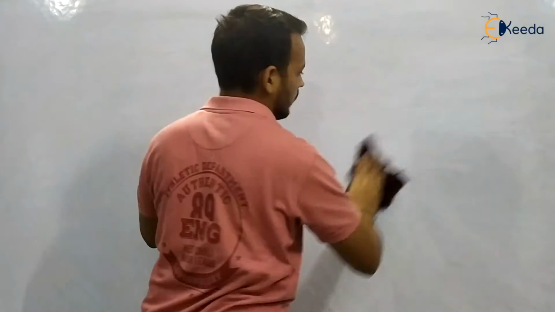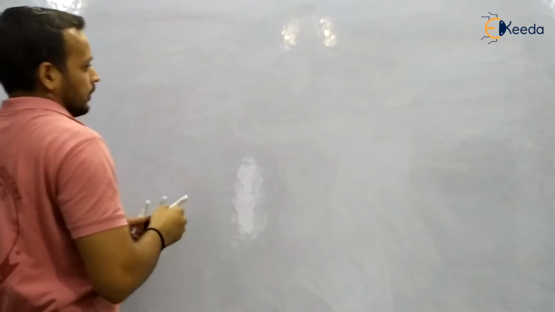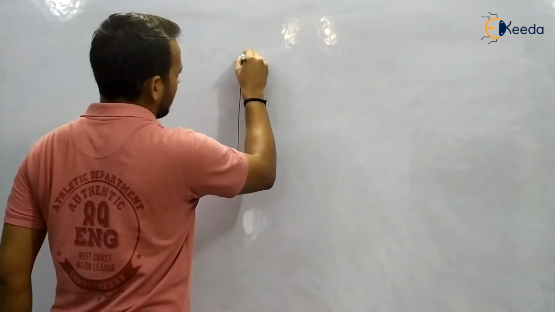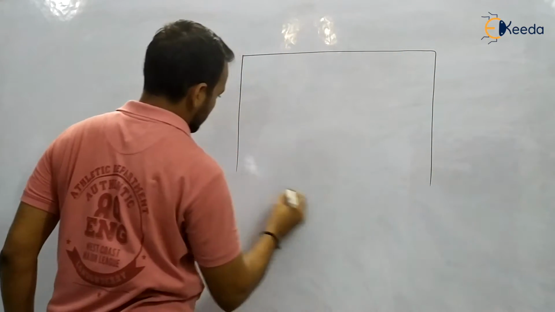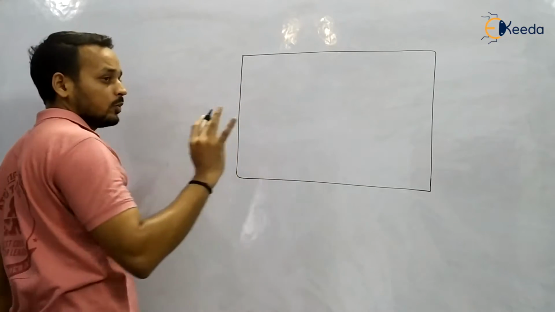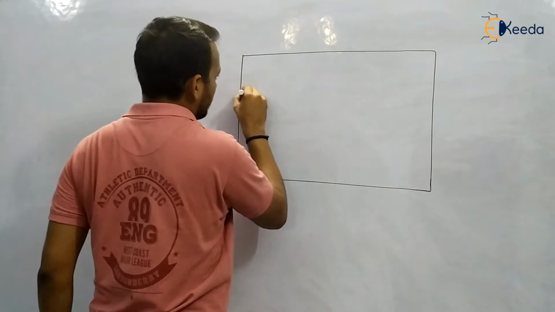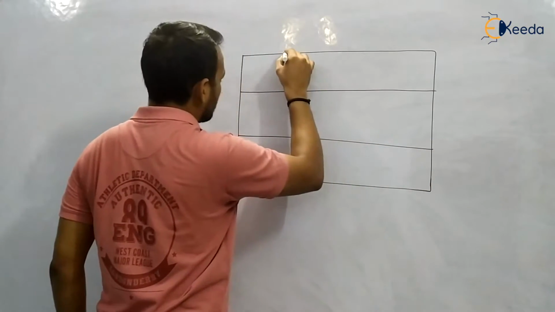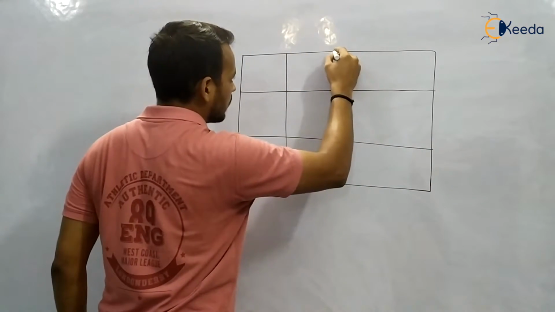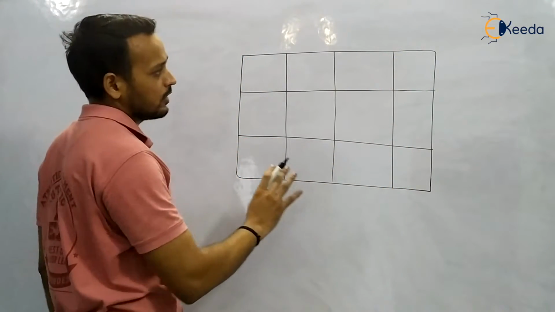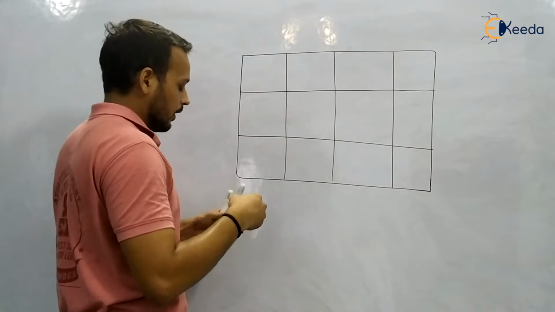So I'm going to draw a matrix, the basic formulation of this method. This matrix is known as the cost cell matrix.